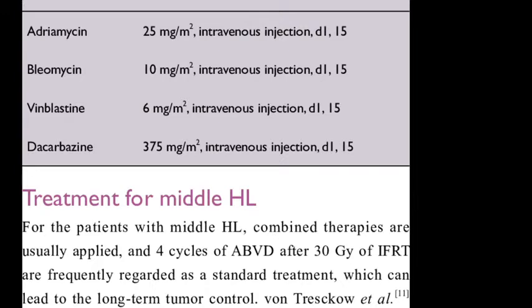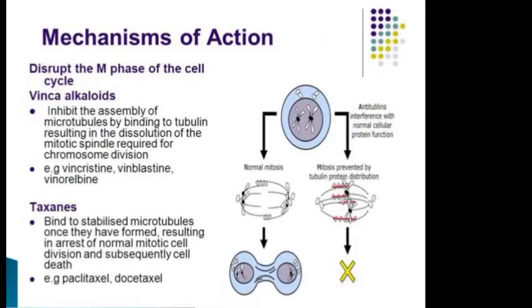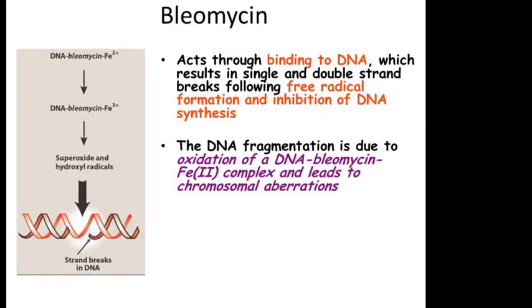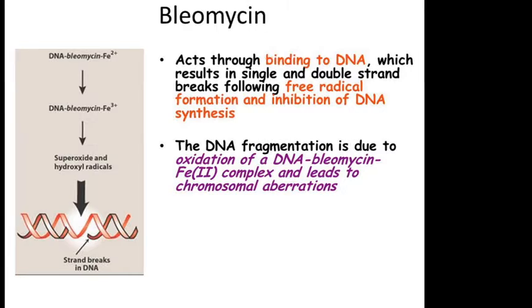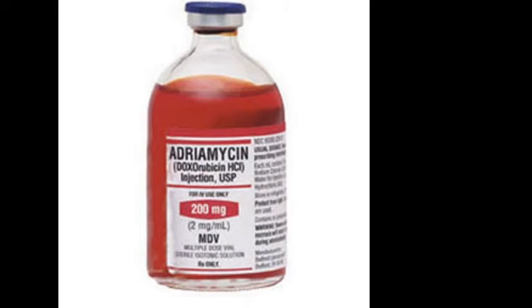These are the medications for Hodgkin's lymphoma, ABVD, remember guys. And for the mechanism of action here, you can see vinca alkaloids cause dissolution of the mitotic spindle chromosomes, so it is helpful in destroying the tumor cells. And bleomycin is also like that: it causes DNA breaks, free radical formation, and inhibition of DNA transcription and all.